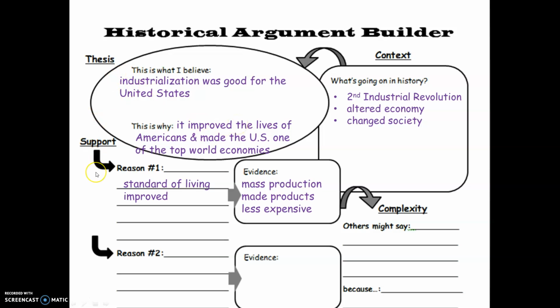So, what you might want to do that would make more sense than the order in which I'm doing it is to start with a position. You're going to argue positive or negative, and then start coming up with 4 reasons or 4 pieces of evidence.